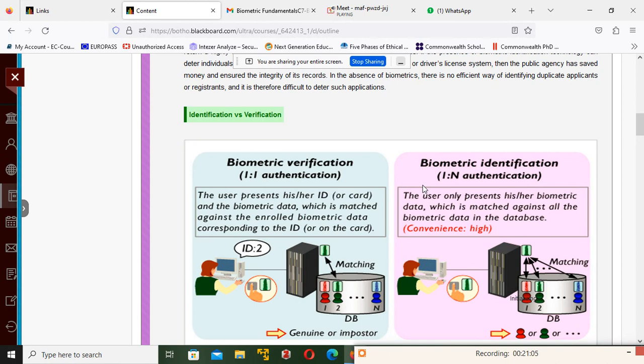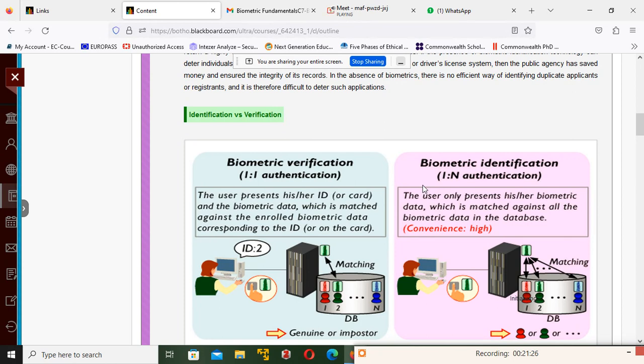So in identification, biometrics has become very essential because it helps us to resolve identity and to find a particular person. And verification comes with a third, additional piece of data, for example, a card.